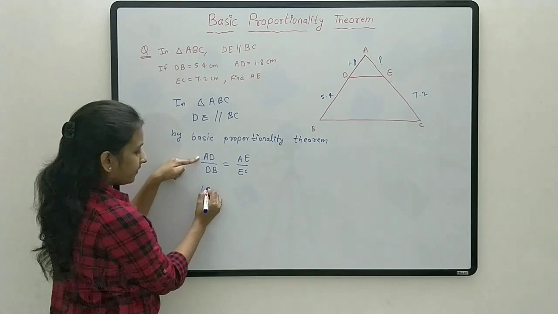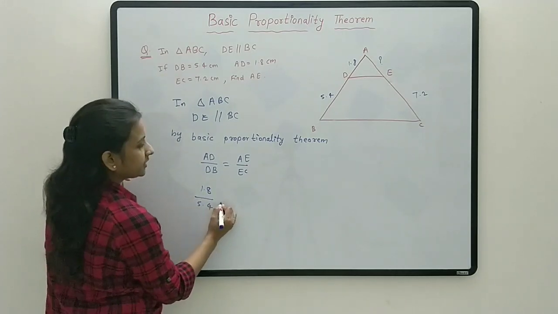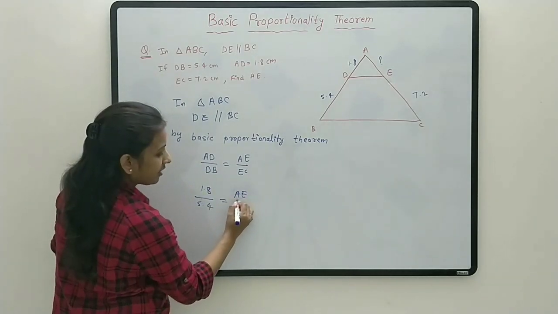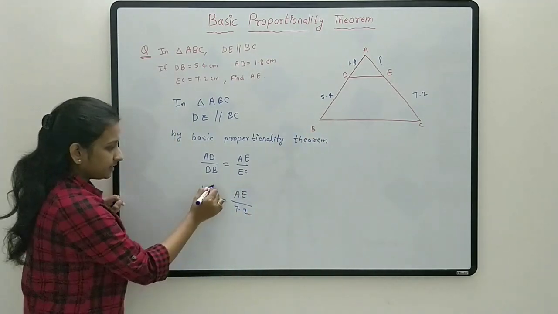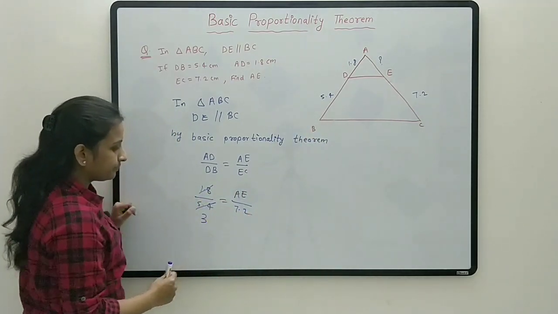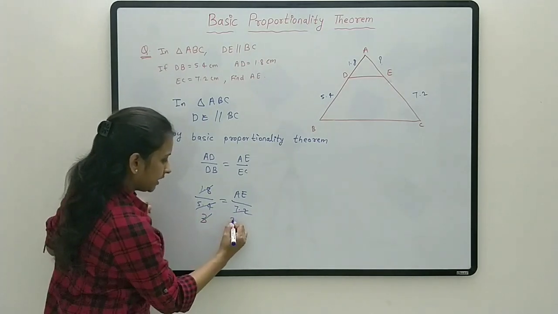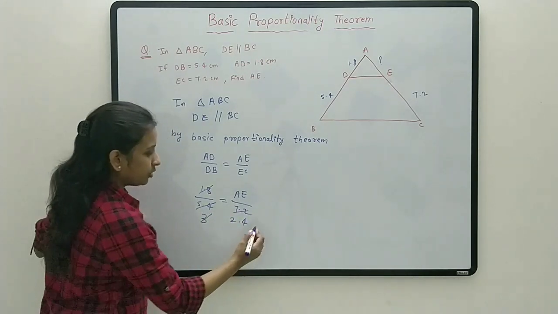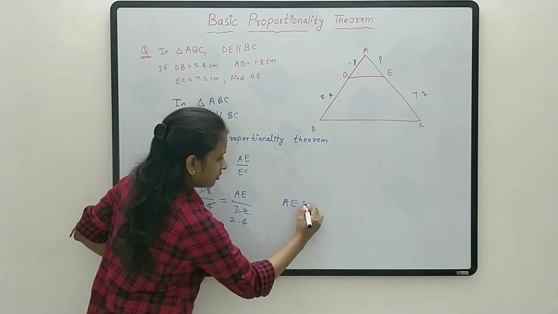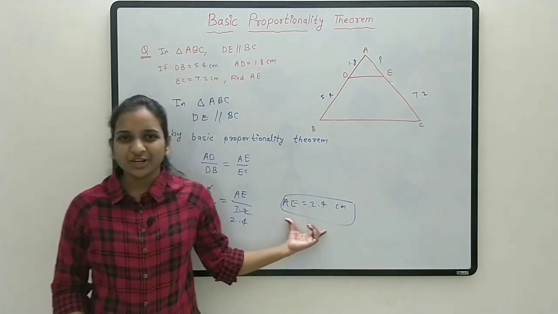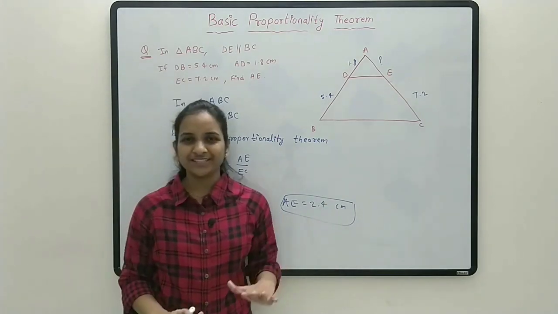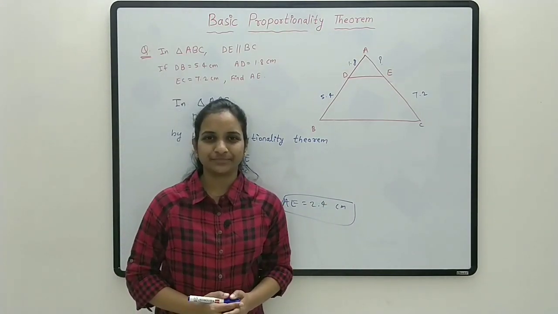AD means 1.8 divided by 5.4 is equal to AE, that we have to find, over EC 7.2. See, this is 18, 3 times; now 3 twos are 6, 0.3, 4 times... So we got AE as 2.4 centimeters. This is our solution. Understood? This is very simple. Now let's solve the next example.